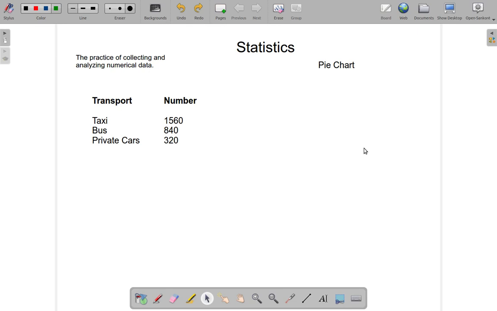The whole circle represents everything, and then the angles in the sector of the circle represent these various proportions within that whole collection. It will probably look somewhat like this. Pie chart. You probably have seen these things before.